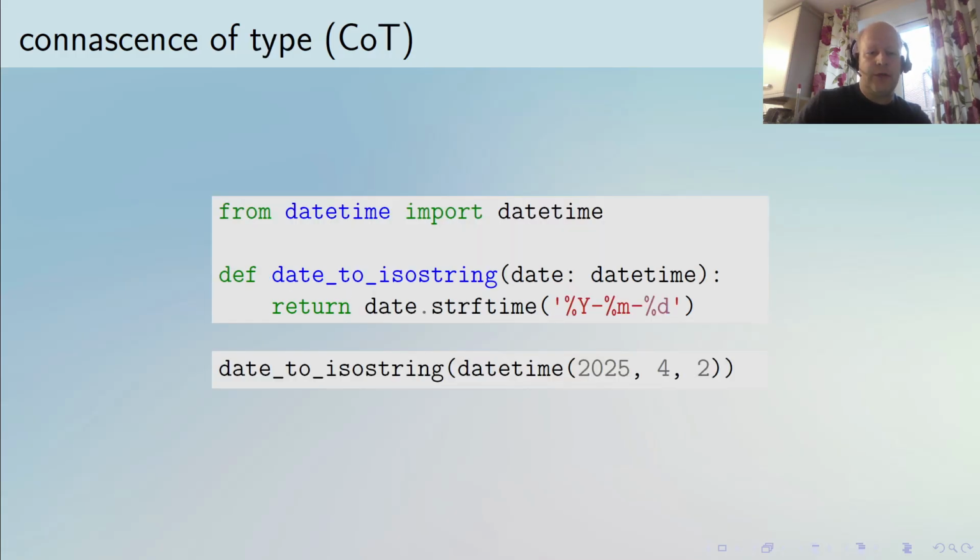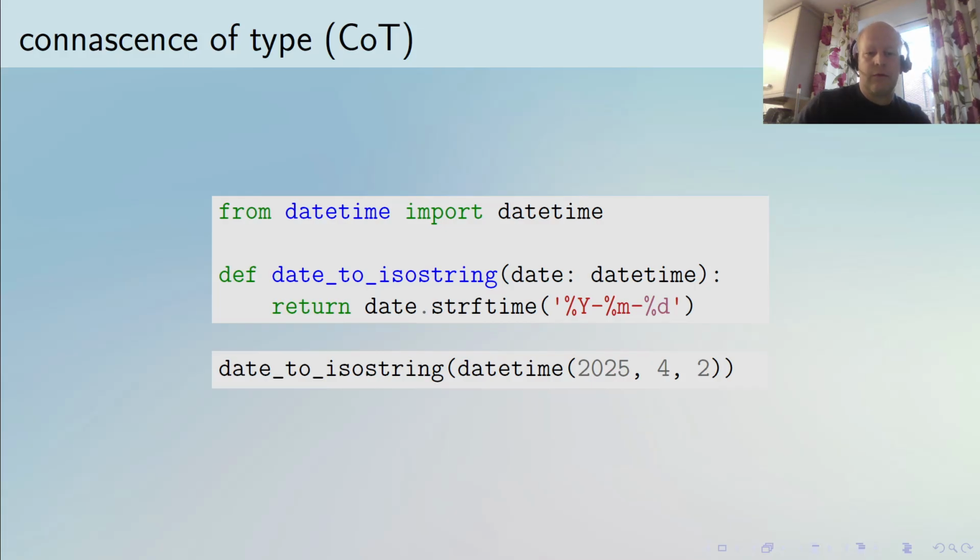Another type of connascence is connascence of type. Here we have a method date to ISO string, which takes a datetime object and uses strftime to create an ISO string representation of the date.